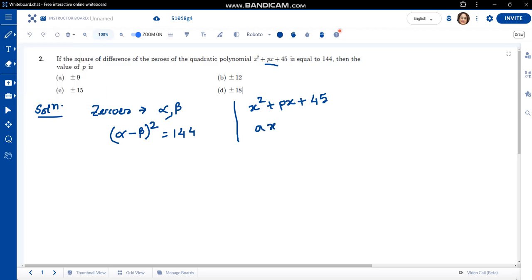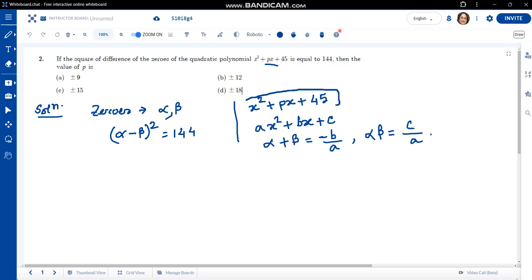The generic form of the polynomial is ax square plus bx plus c. If alpha and beta are the two zeros, then alpha plus beta equals minus b by a and alpha beta equals c by a. This is the generic form, we know it.